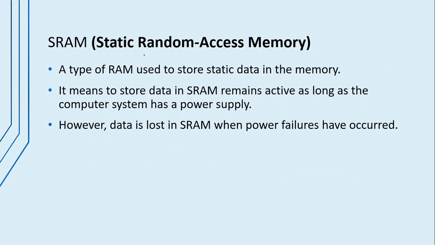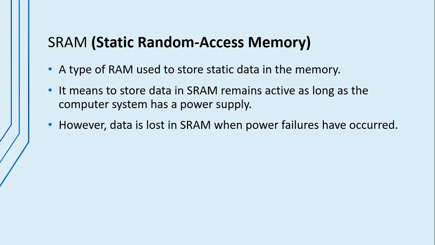Now static random access memory, that is SRAM. This type of RAM is used to store the static data in the memory. It means the data stored in SRAM remains active as long as the computer system has a power supply. Once you turn off your computer, your data will be gone.